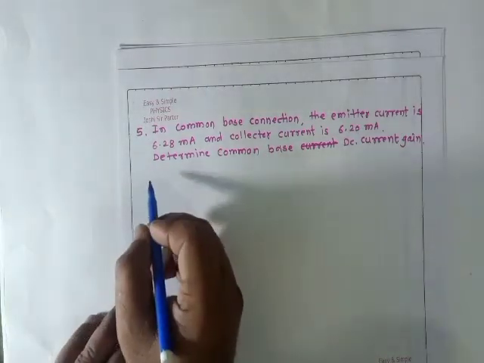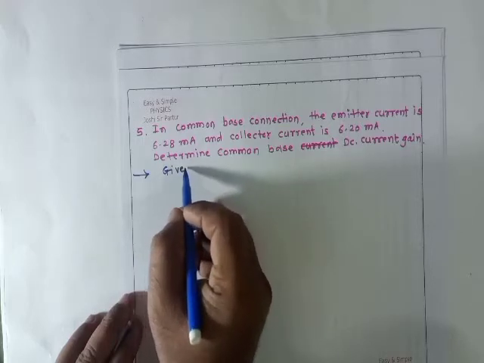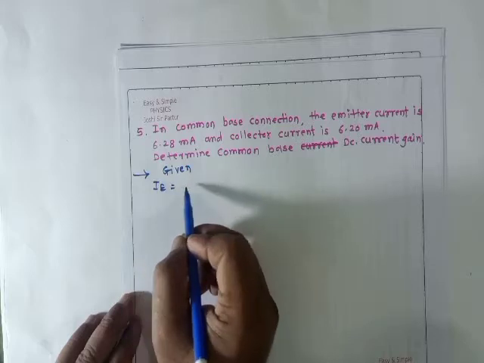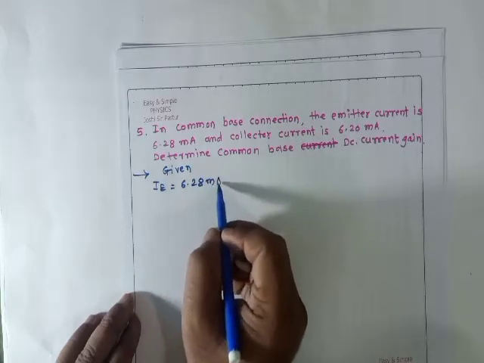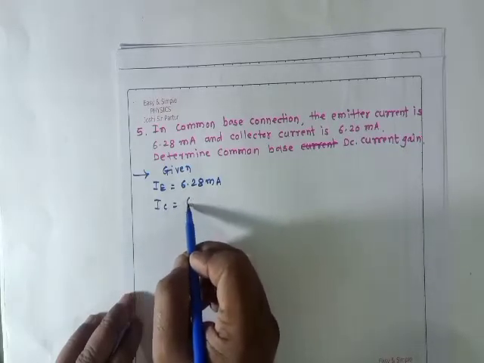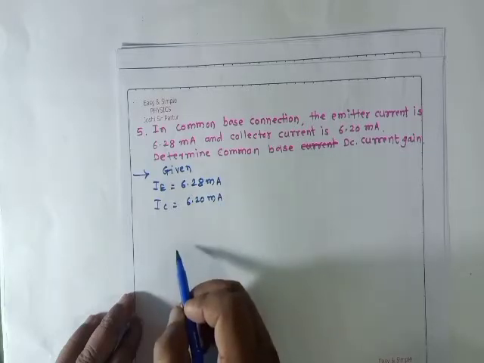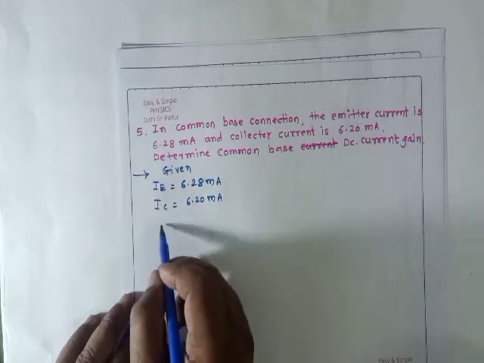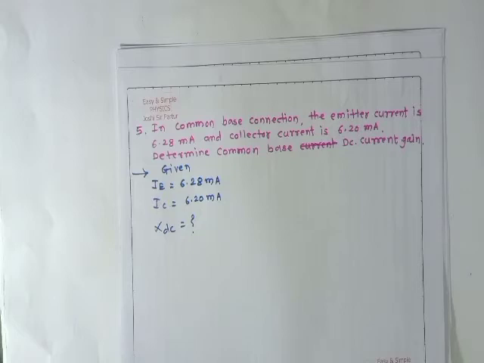So first, given: current in emitter will be 6.28 milliampere. Current in collector will be 6.20 milliampere. And common base DC current gain means alpha DC question mark.